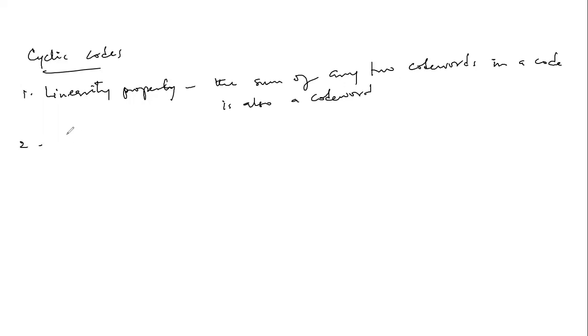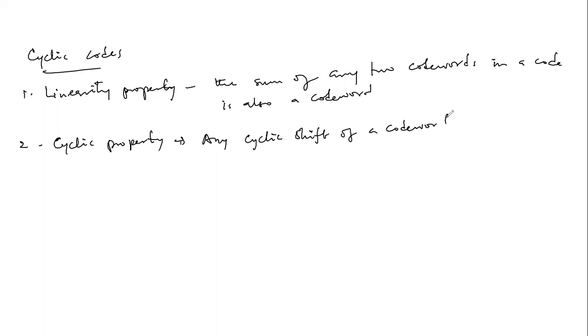Then we have the cyclic property, that any cyclic shift of a code word in a code is also a code word. So any cyclic shift of a code word in a code is also a code word.